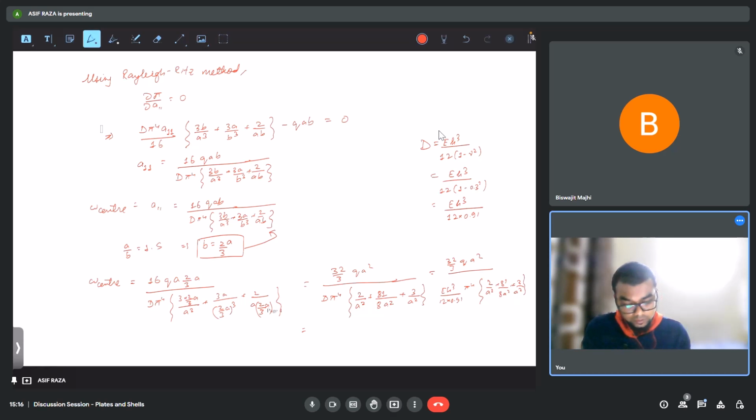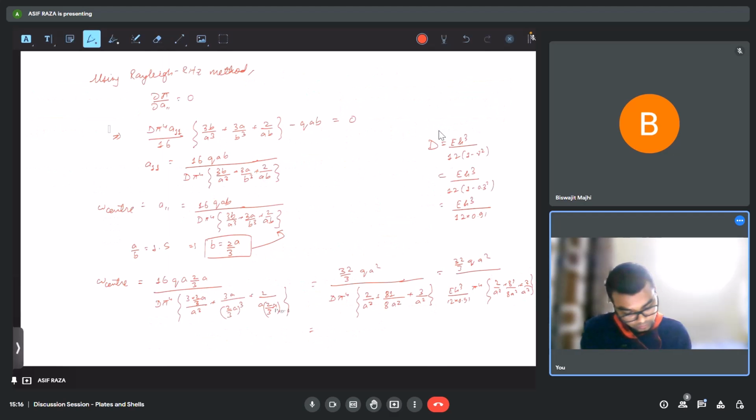So 4 into 12 into 0.91 divided by 5 to the power 4.